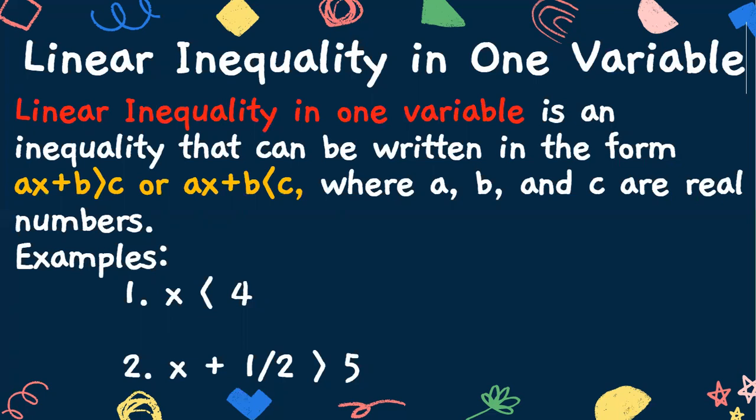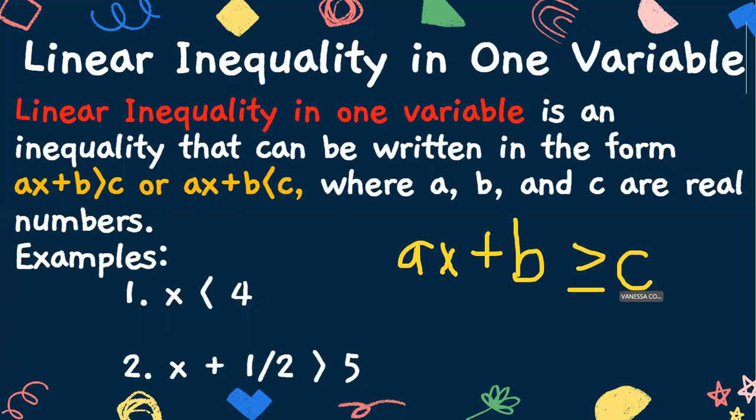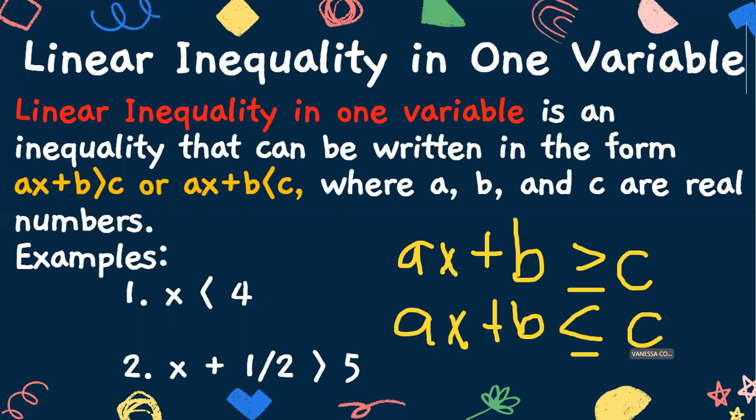Or pwede rin natin ax plus b is greater than or equal to c, or pwede rin ax plus b is less than or equal to c. So, pwede rin pong ganyan. Basta inequality symbol ang gagamitin natin. Where a, b, and c are real numbers.